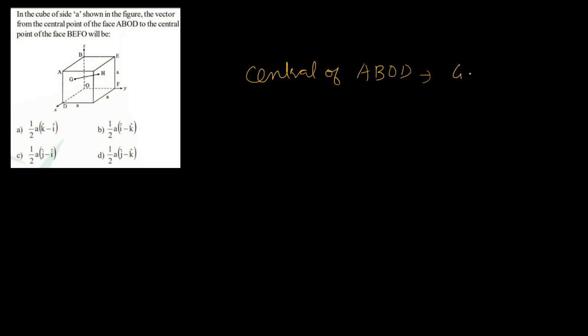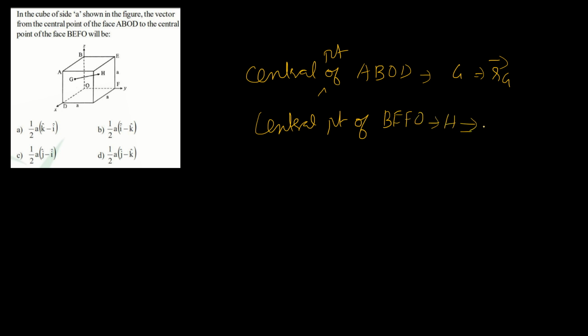It is G. Since it is mentioned position vector concepts, I can represent it like this, R G vector. What is the central point of BEFO? It is H. In vector form, I'm representing the position vector as RH.